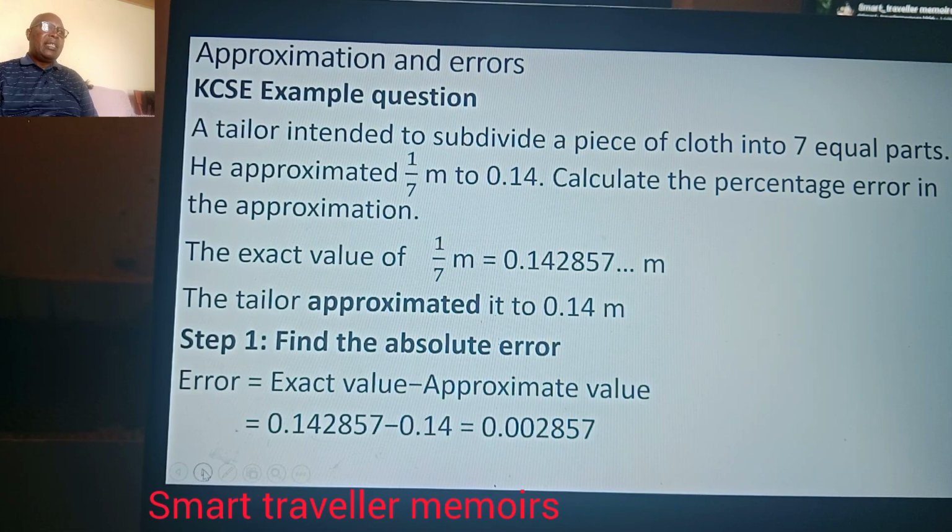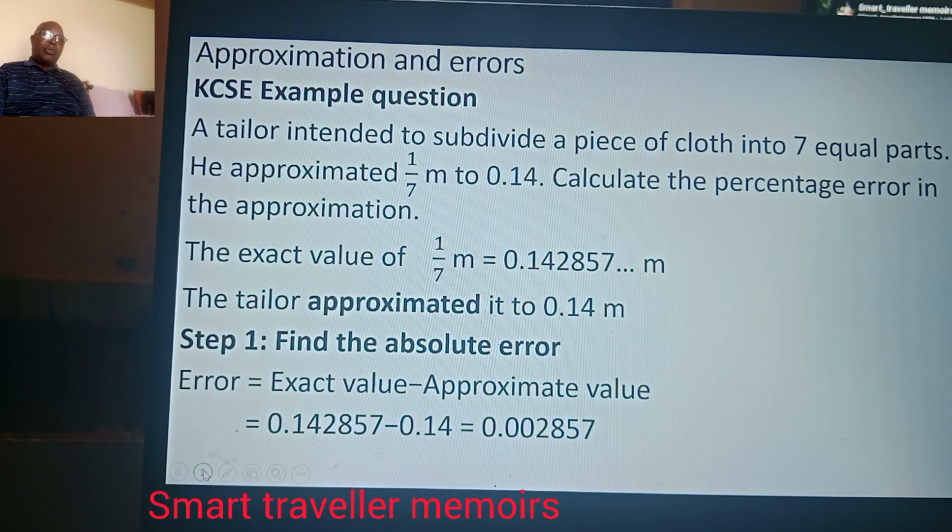Calculate the percentage error in the approximation. The exact value of 1/7 meters is 0.142857 meters. The tailor approximated it to 0.14 meters.